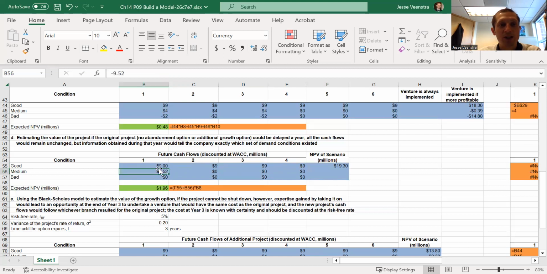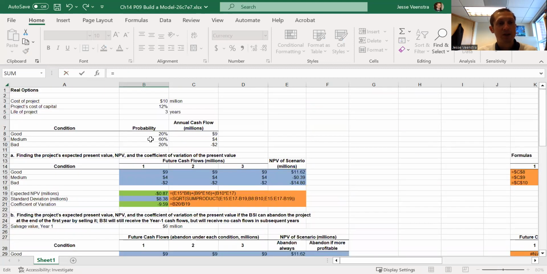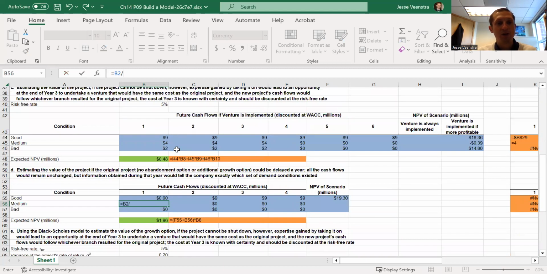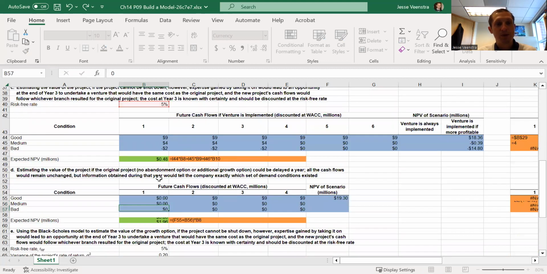Why? Because we're discounting that 10 million. So our initial investment, we're finding the present value of that. So that's 1 plus our risk-free rate to the power of 1.